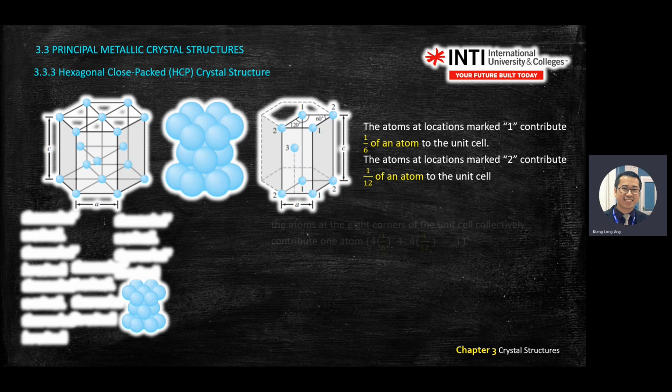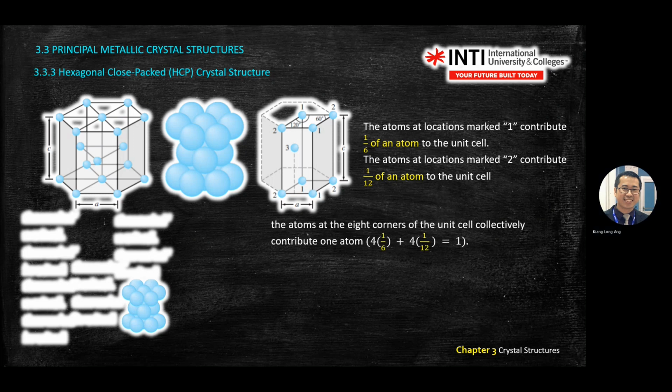Okay, this is how you calculate the total number of atoms inside the HCP. If I label 1, this is 1, and this is 1 and 1. If you only look at 1, it will contribute 1/6 of the unit cell. What does it mean? If you look at this atom, this is atom 1, right?